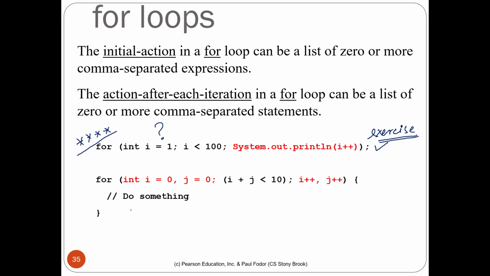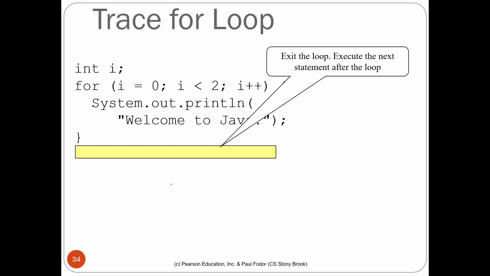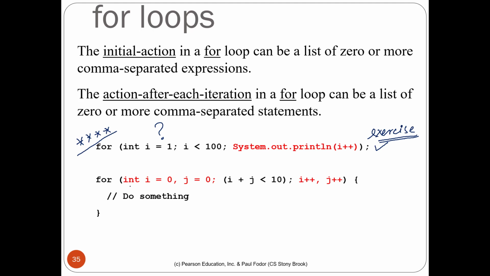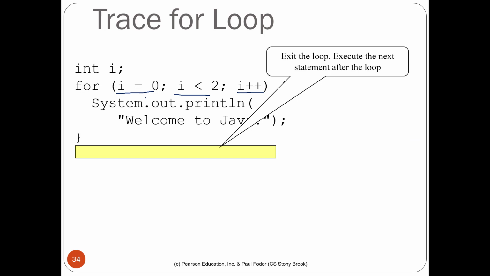All right. So what do we have here? You can have more than one initialization. In the simpler case, we have just one initialization, just one condition check, and only one increment. Here, in the first part, you are allowed to initialize two variables, i = 0, j = 0, and the condition involves both i and j. This is slightly more complex compared to the previous cases, where the initialization, the condition checking, and the incrementation each had just one variable.